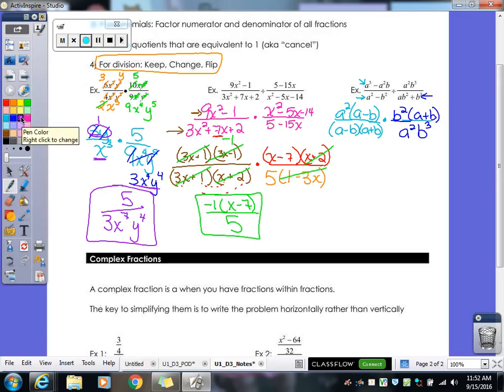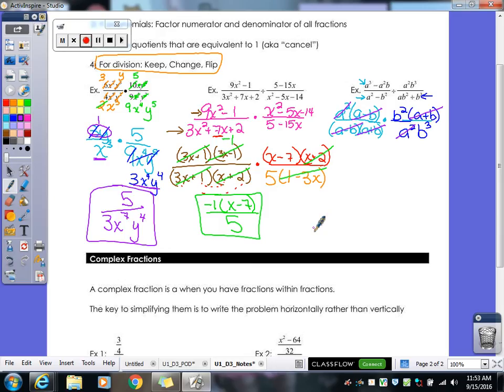So now we'll start our canceling. So a minus b and a minus b cancel. What else cancels? A plus b and a plus b. Anything else? Yep. A squared and a squared.